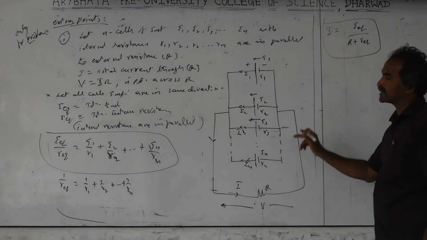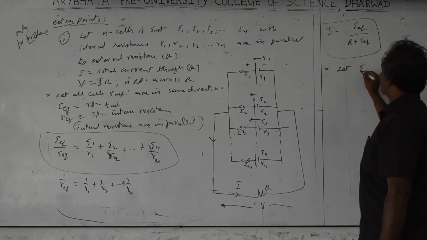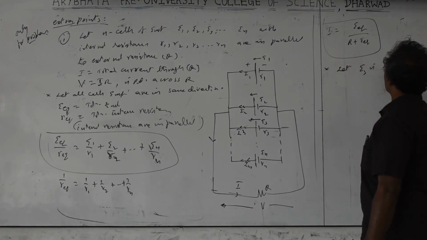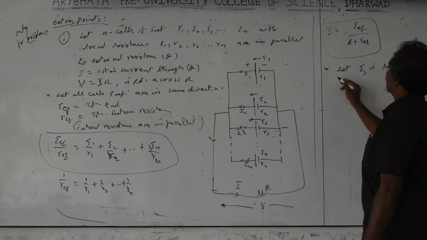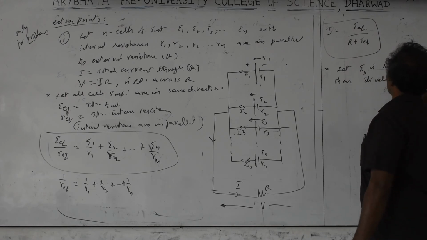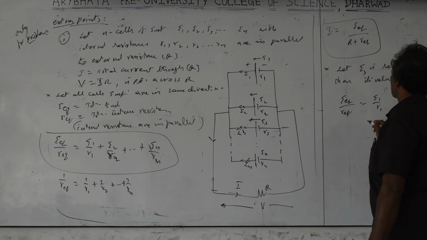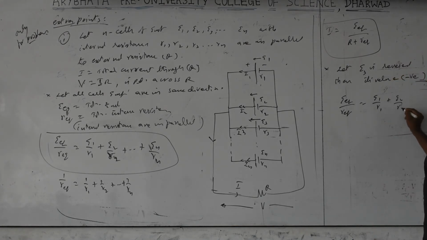But now we discuss the case where any cell is reversed. Let E3 be reversed, then its EMF is taken as minus, its value is negative. That means E equivalent by R equivalent becomes equal to E1 by R1 plus E2 by R2 minus E3 by R3 plus and so on plus En by Rn.